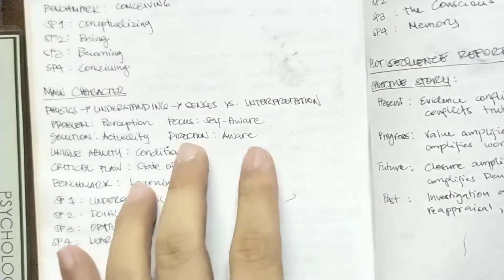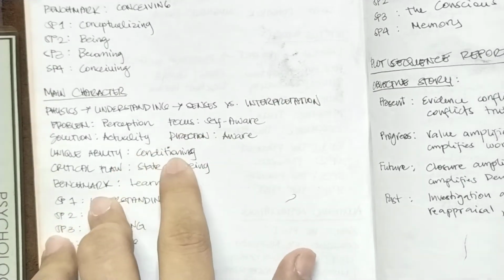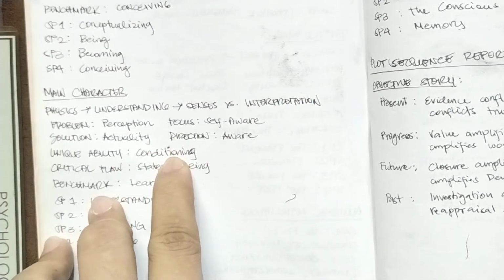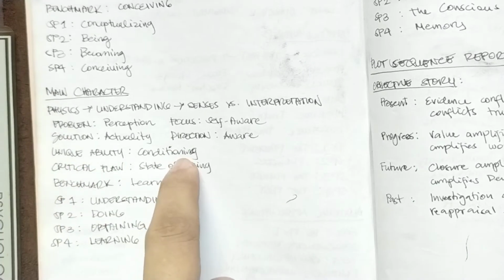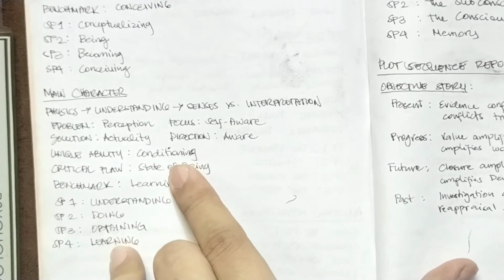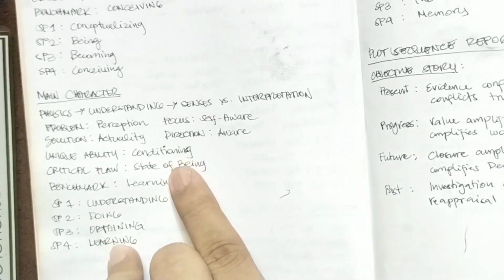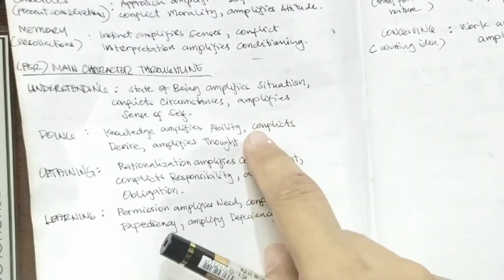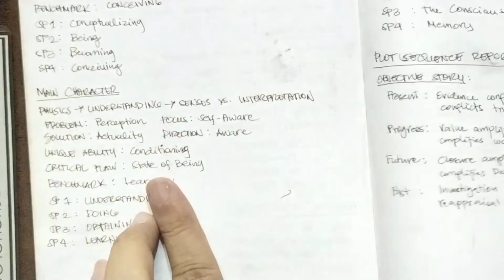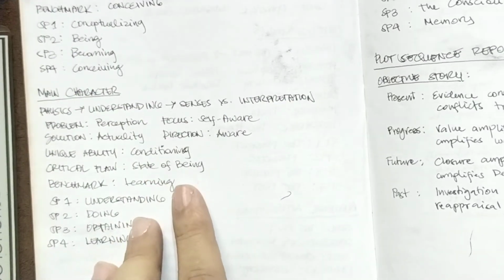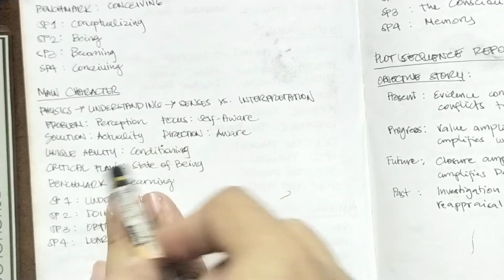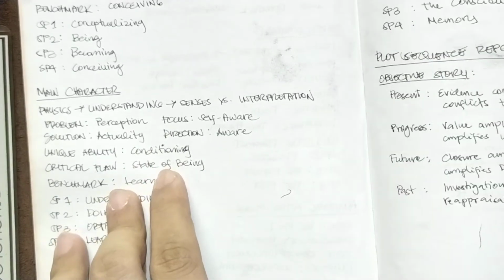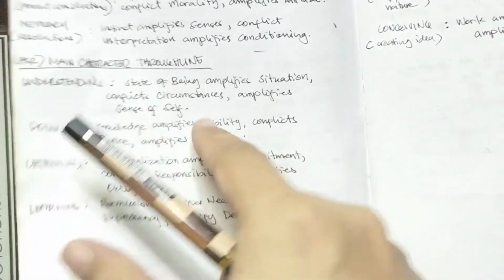And understand that we are going to have to explore all of this. Look, his unique ability is conditioning. The way he was built by the Conclave is actually his unique ability that will push him through the story. And his critical flaw is actually his state of being. Who he really is is actually his critical flaw.